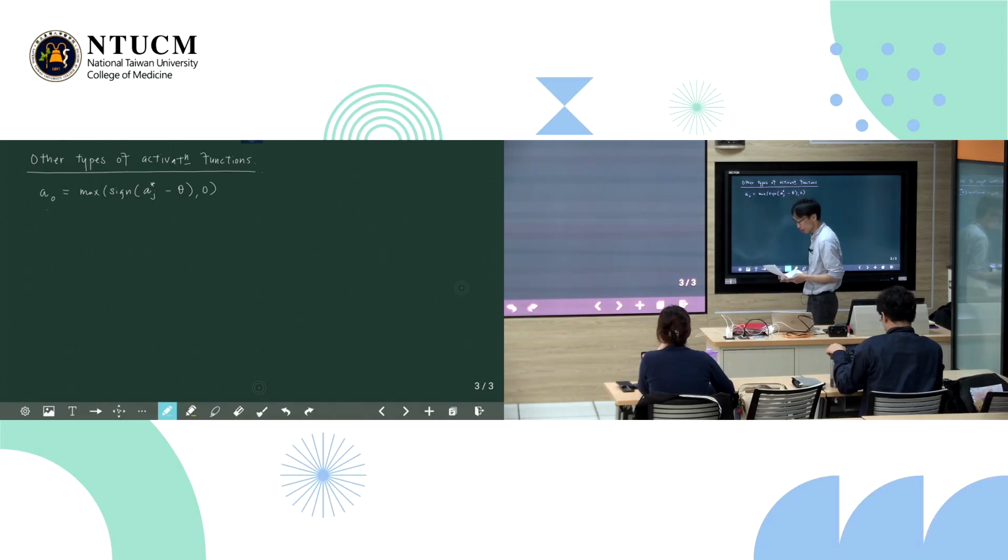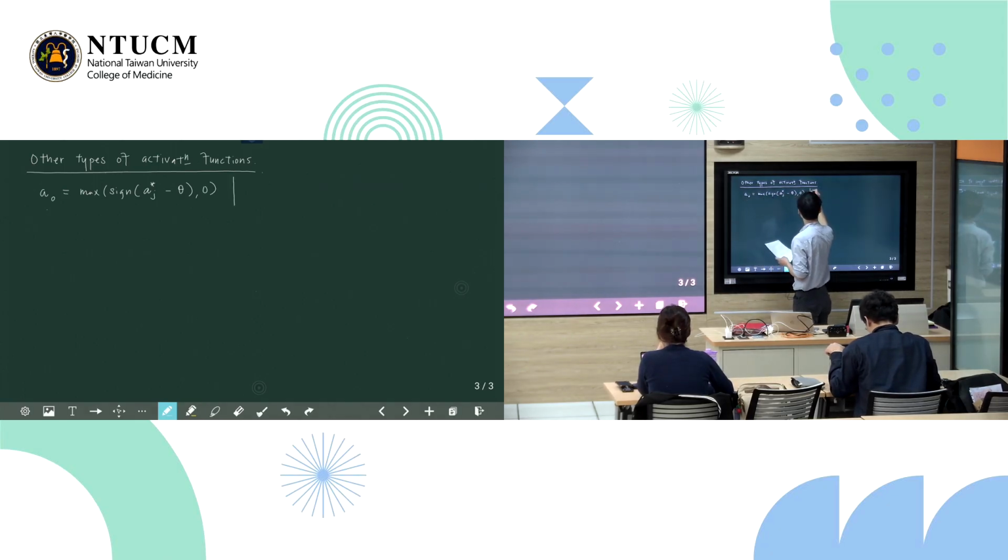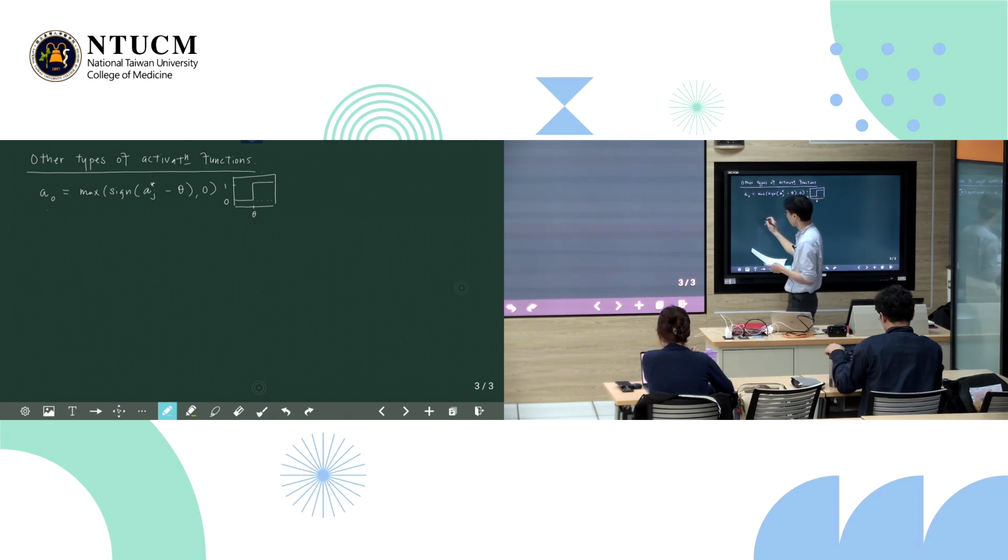Okay, so this is our binary ReLU, and it looks like this. This is theta, and this is 0. This is 1.